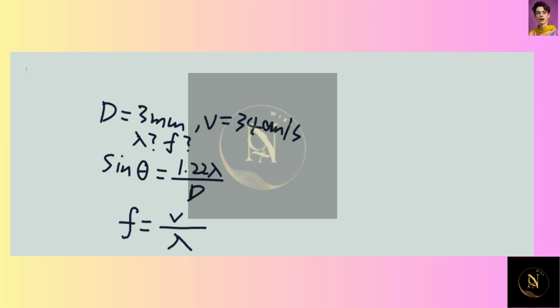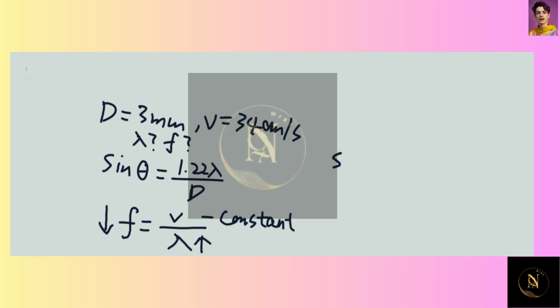Since the velocity is 340 meters per second and constant, if lambda is large, then when lambda increases, the frequency needs to decrease. So if the wavelength is the largest, then the frequency should be the lowest. So we need to get the largest wavelength from these equations, which must be enormously huge.